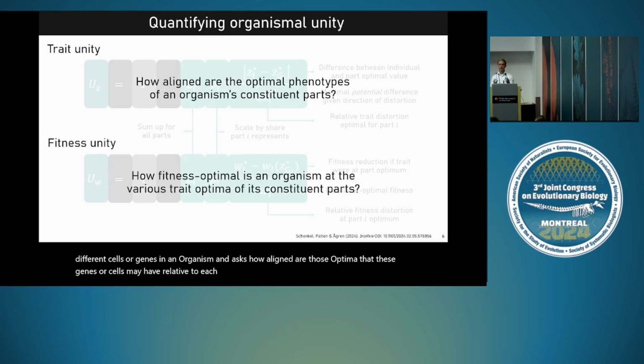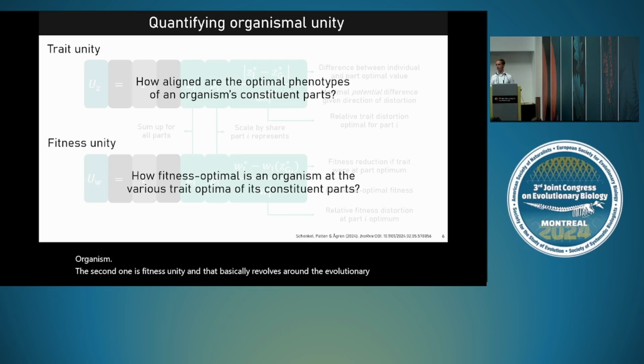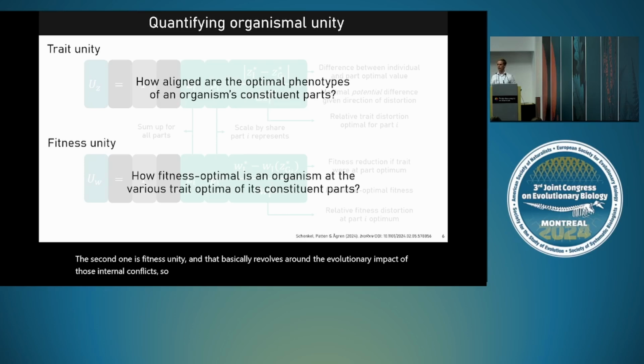And that basically deals with the conflict over the phenotype that may arise within an organism. The second one is fitness unity, and that basically revolves around the evolutionary impact of those internal conflicts. So how deleterious are these different conflicts to the organism as an evolutionary agent, or otherwise, how fitness optimal is an organism at the various optima of those different parts?